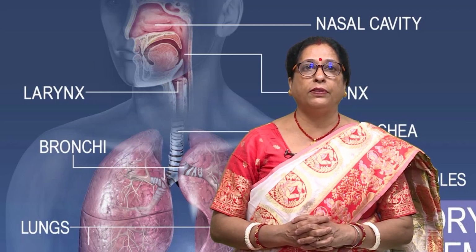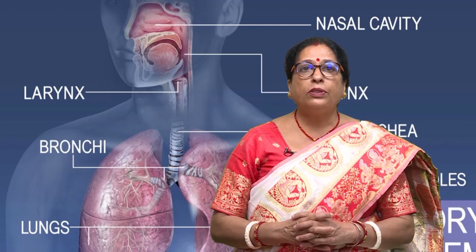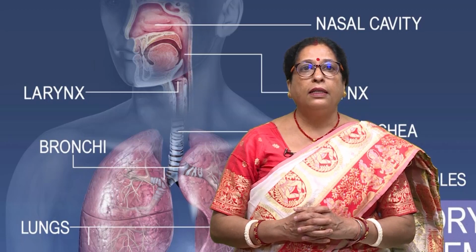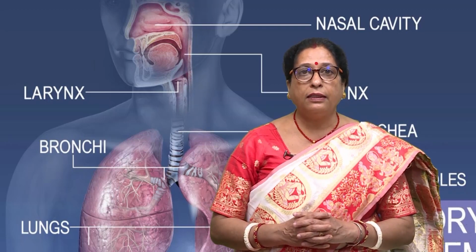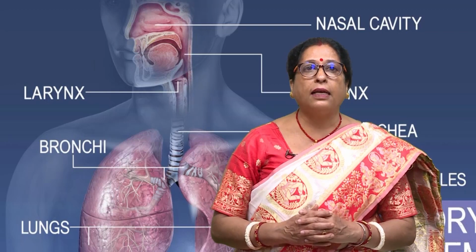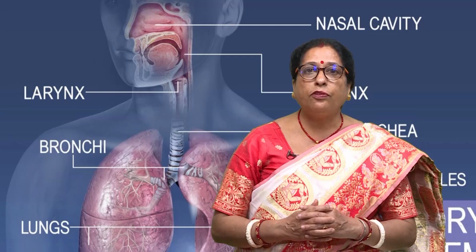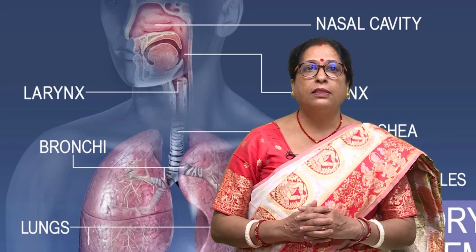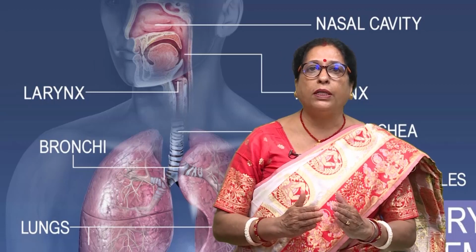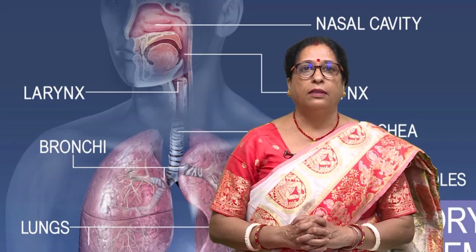Then the nasal cavity. We know the internal nose as the nasal cavity. It is lined with hair and a mucous membrane that acts as a human air filter. The cavity warms, moistens and filters air that enters the body before it reaches the lungs.